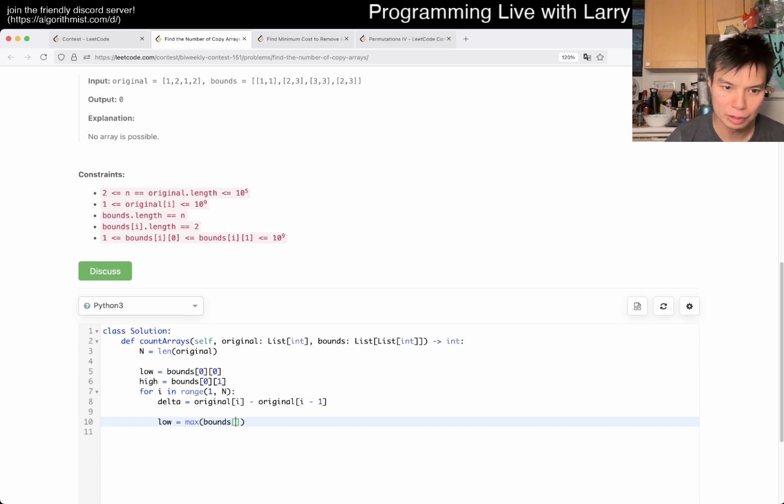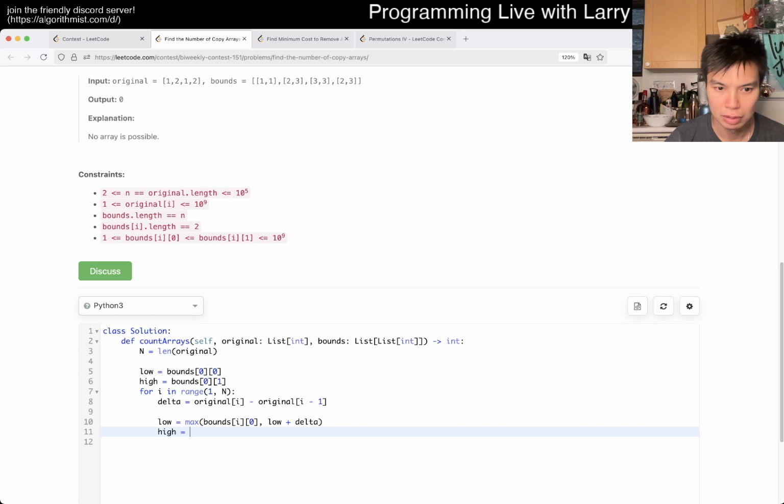either the new lower bound or low plus delta, right? Something like this. I don't know. This is just by symmetry and experience, so I don't know if this is right, but something like that.